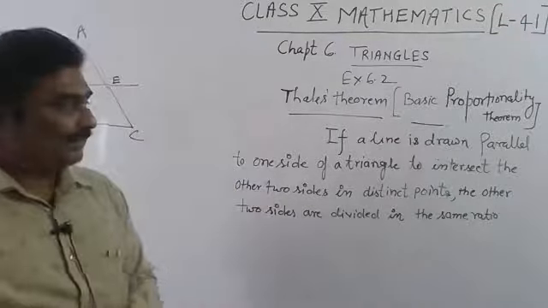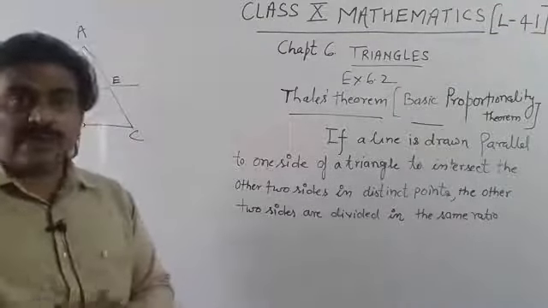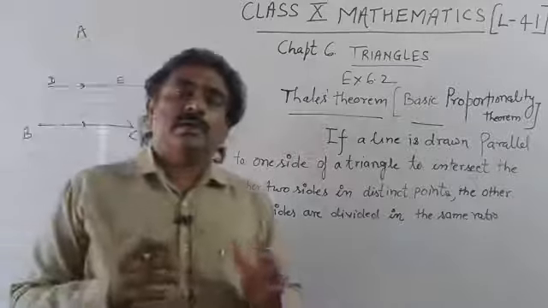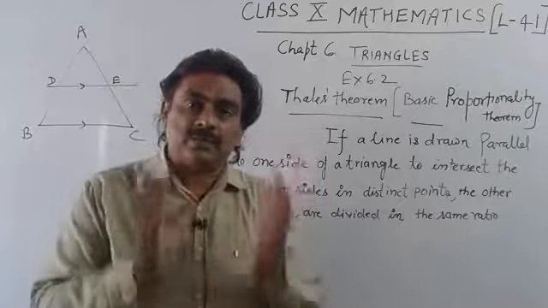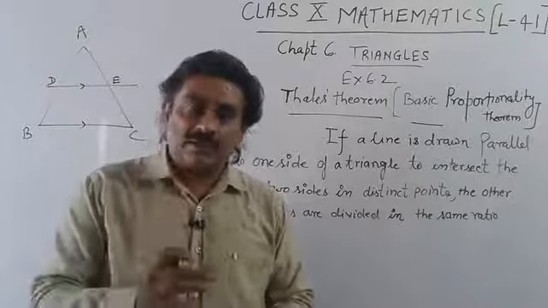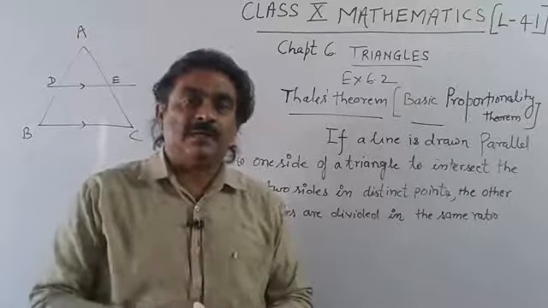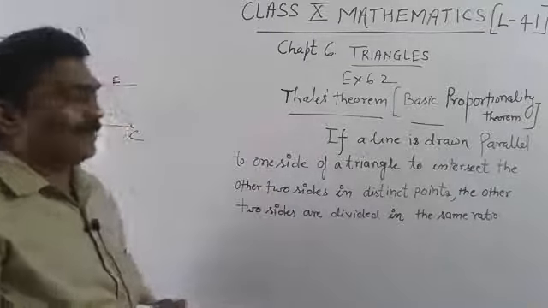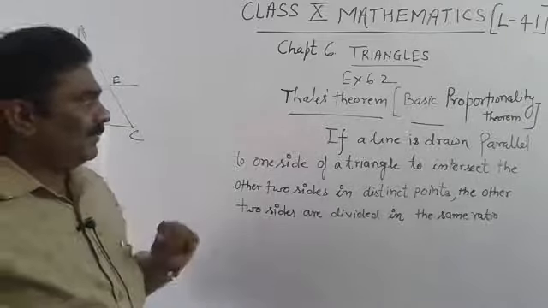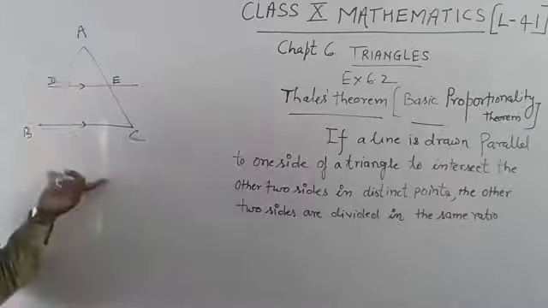According to Thales theorem, Thales theorem as well as Pythagoras theorem are both applied in triangles. Pythagoras theorem is especially applied in a right angle triangle, but Thales theorem may be applied in any triangle. For example, we have triangle ABC.